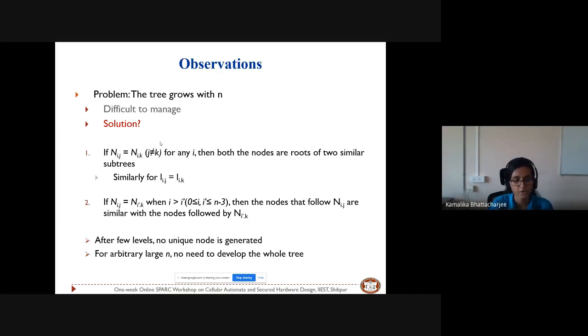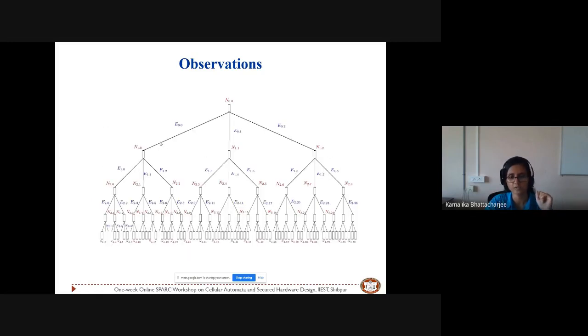So if we just use those unique nodes, for arbitrarily large n also, we need not develop the whole tree. We'll be happy with only the unique nodes. Once all unique nodes are generated, we don't have to keep developing the whole tree, and we can characterize the behavior of the CA simply by the smaller version of the tree. That smaller version will be named the minimized tree.